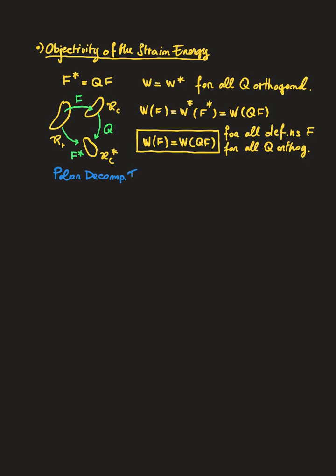The polar decomposition theorem, if you remember, tells you that if you have F, the gradient of deformation, so F is equal to the grad of chi, where chi is a deformation, then there exist, and they are unique, two tensors R and U, in which U is a symmetric, positive definite tensor, and R is a rotation, or to be more precise, an orthogonal tensor with positive determinant.